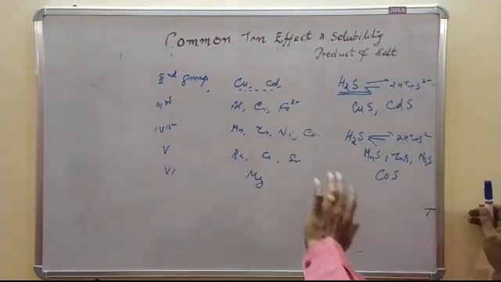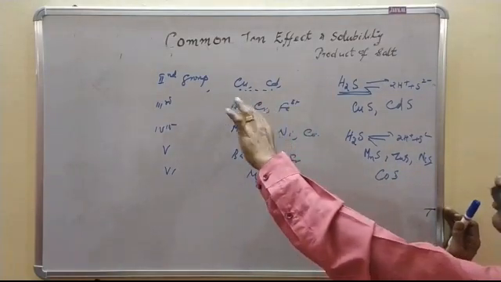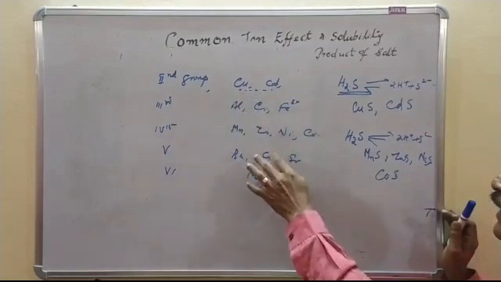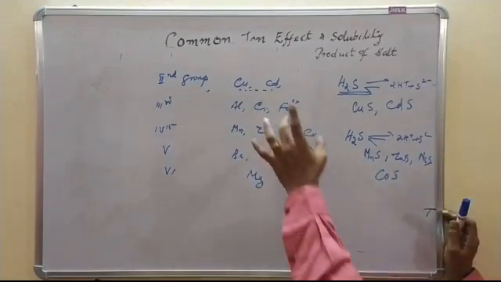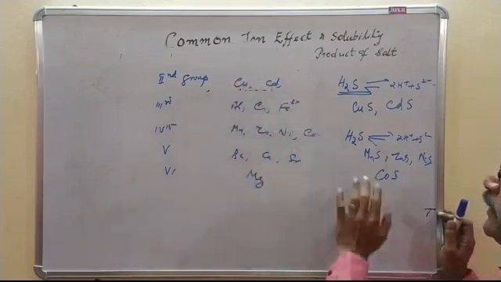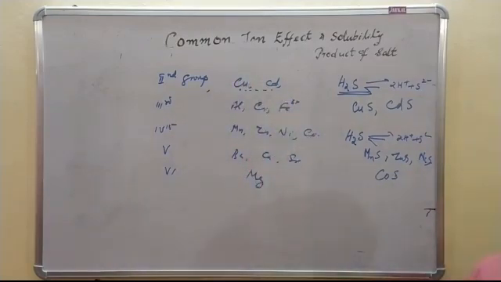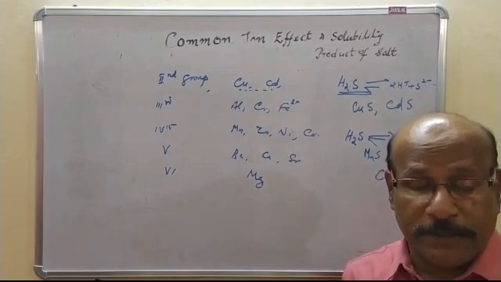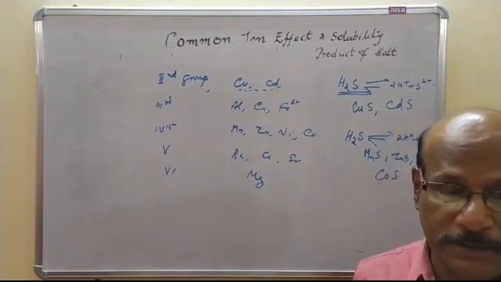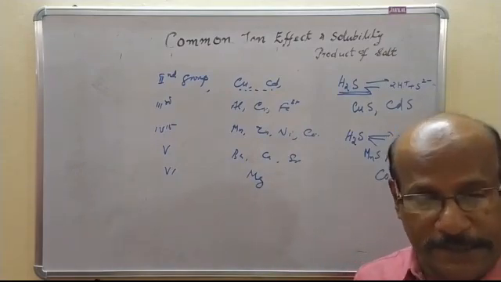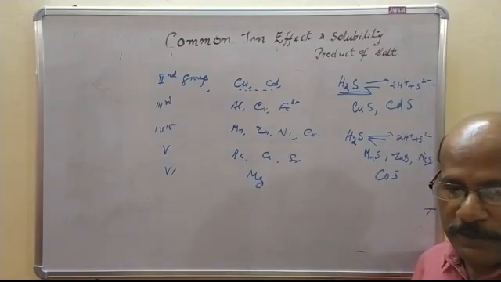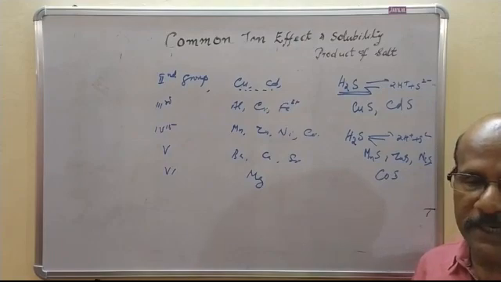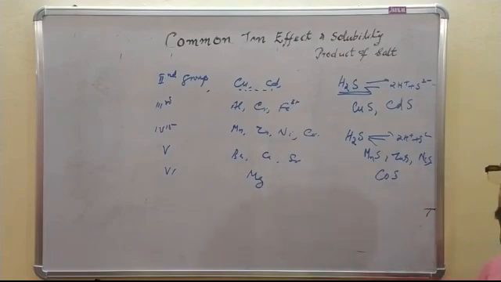Suppose we have a salt solution containing two metal ions like copper and zinc, or copper and cobalt, or copper and nickel. First we have to separate copper and analyze it, not precipitate this fourth group metal. And after separation and analysis of the second group only, then you go for the analysis of the fourth group metal.